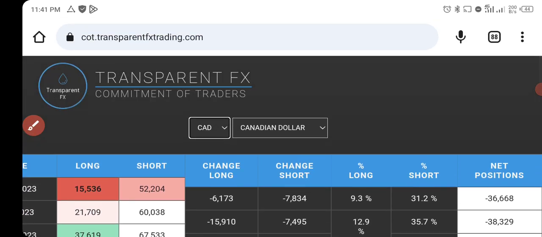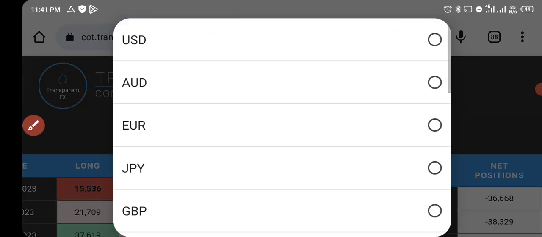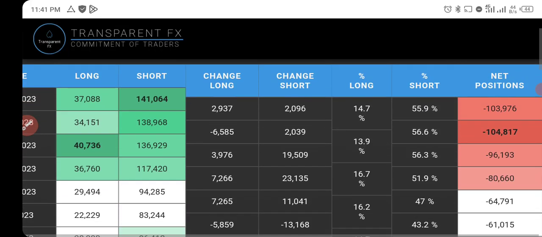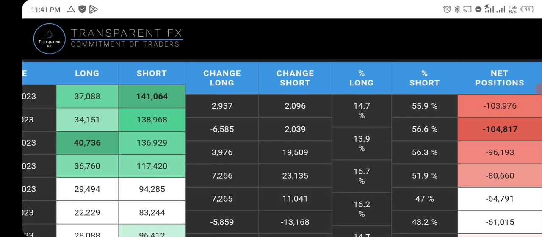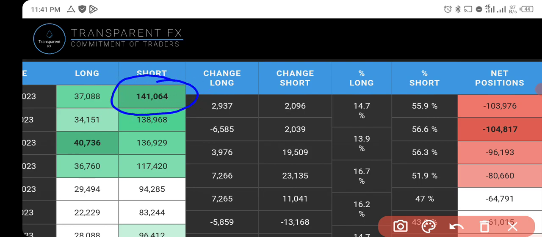Now let's see what we have on the JPY. So on the JPY, we have 141,000 short, 37,000 long, meaning this pair is weak, and longs are added with the last report.